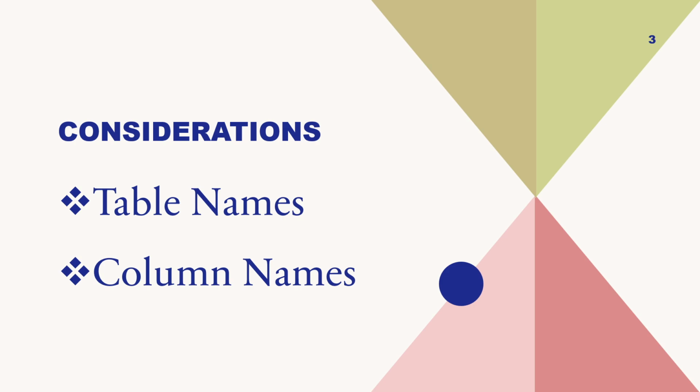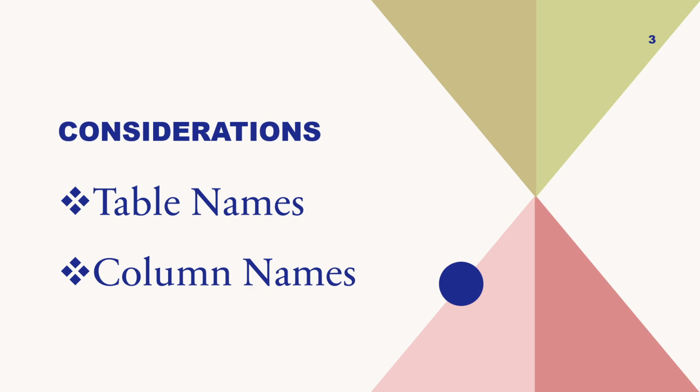And then also you must know the structure. You must ensure that the table names and column names are correct. If not, you will not be able to get what you want. So this is what we're going to be looking at specifically: how do you retrieve data from a database?